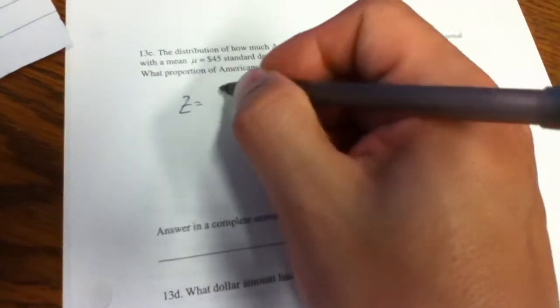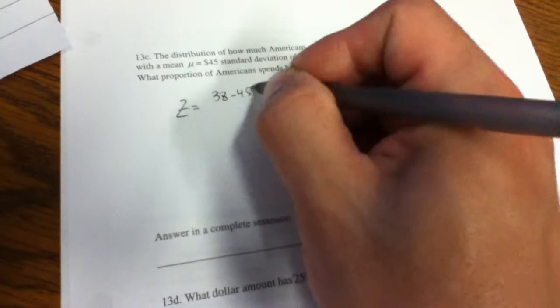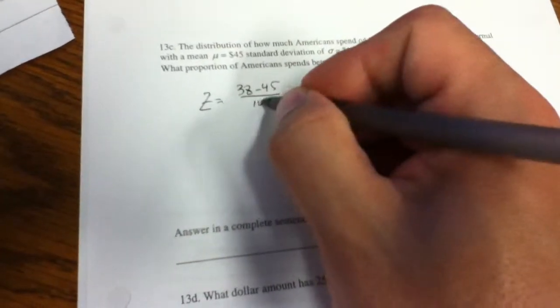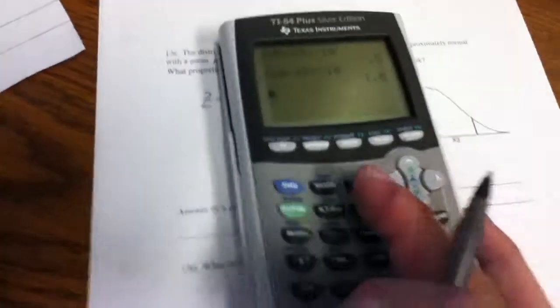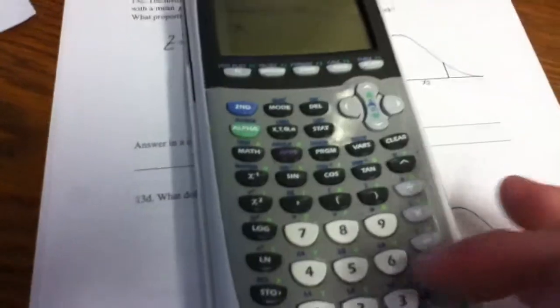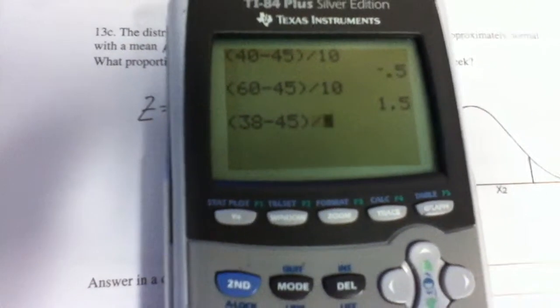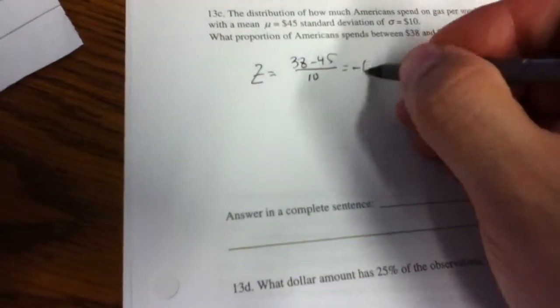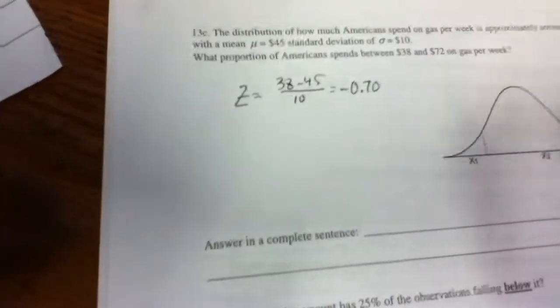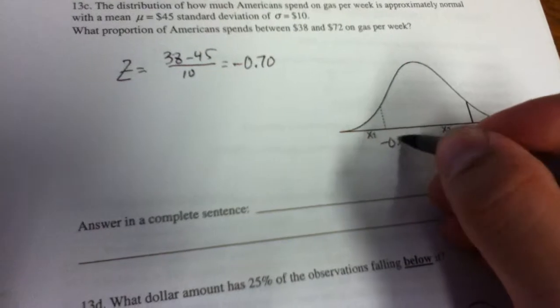So the first one would be 38 minus 45 divided by 10, parenthesis, 38 minus 45 divided by 10 gives us negative 0.7, negative 0.70. That goes on the negative side.